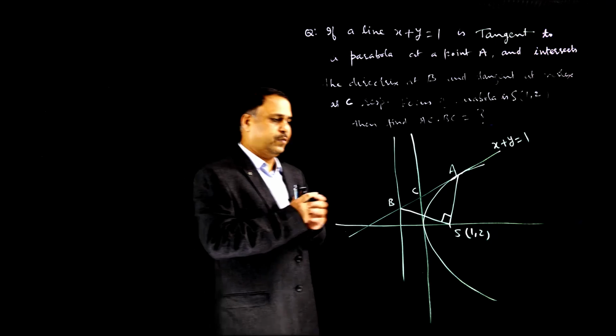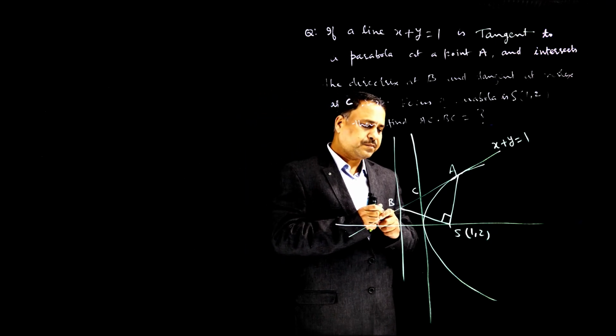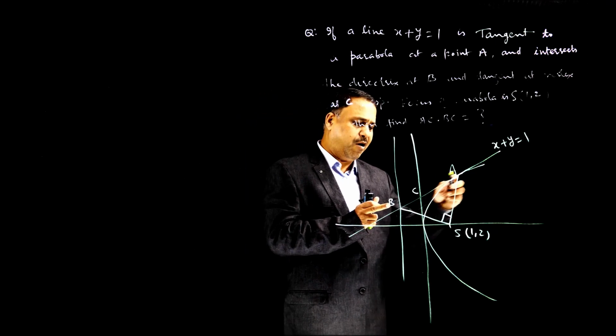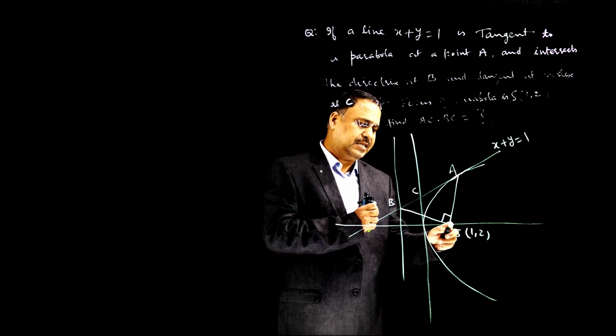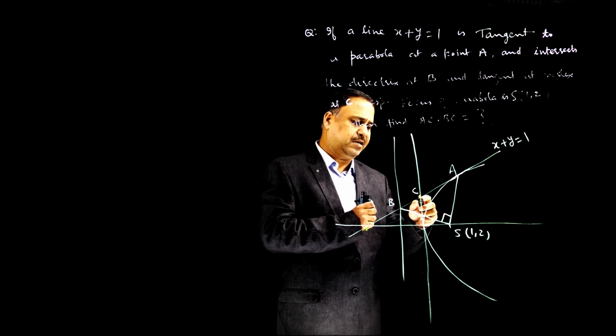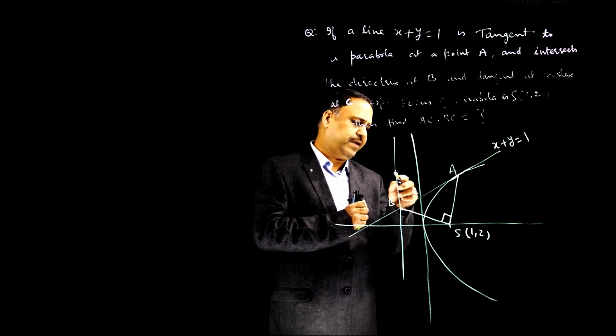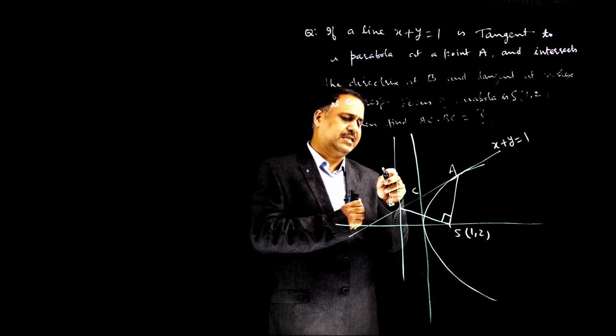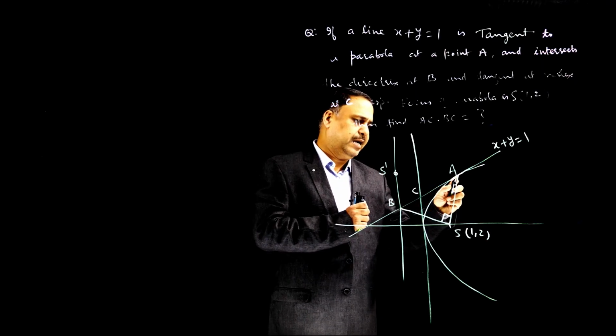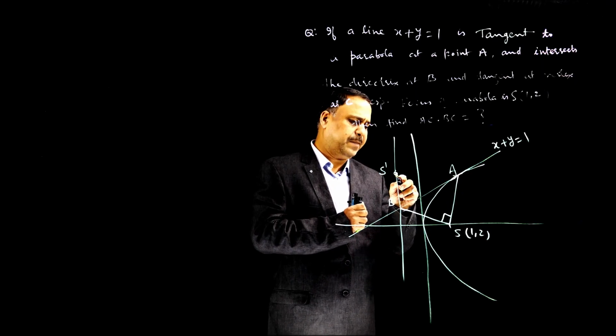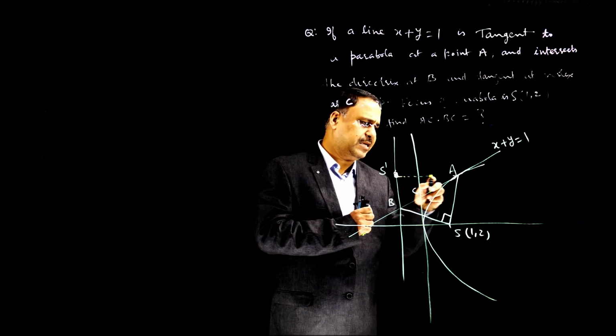Okay, let us do one thing. We know the reflection of S with respect to any tangent will lie on the directrix. So this will be M, the reflection of S. You can call it S dash or M, anything. And this is the same as the foot of perpendicular.